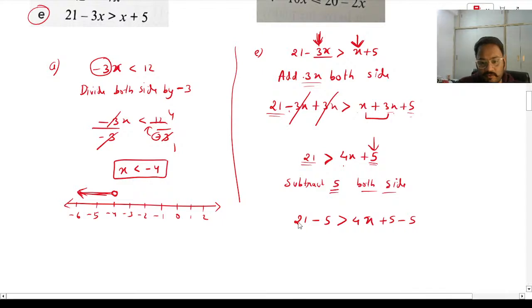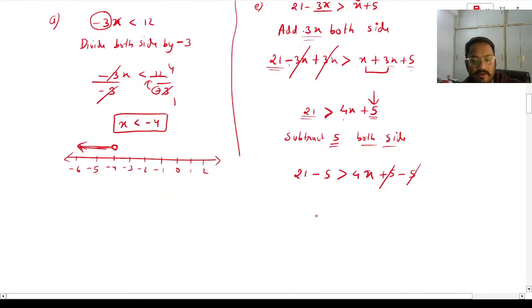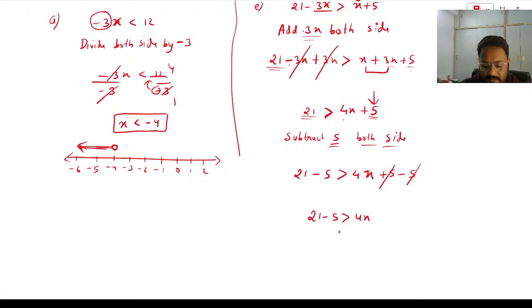By this way we can eliminate this positive 5 and negative 5. Now what is left? 21 minus 5 is greater than 4x. So 21 minus 5 will be equal to how much? 16. 16 is greater than 4x. Easy.